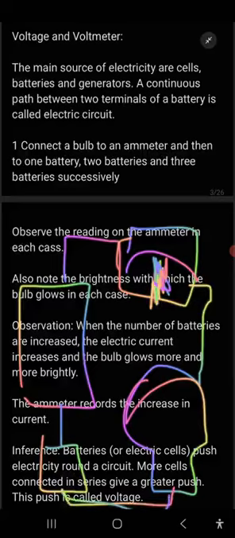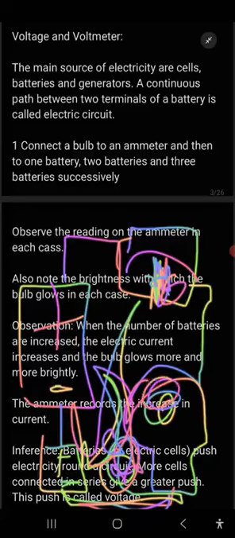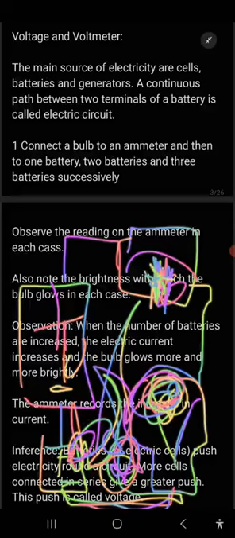Two batteries, of course, will lead to better voltage, and of course the bulb will go brighter. This will be medium because there are two batteries. One battery equals worse, two batteries equals better than the last one, and brighter.